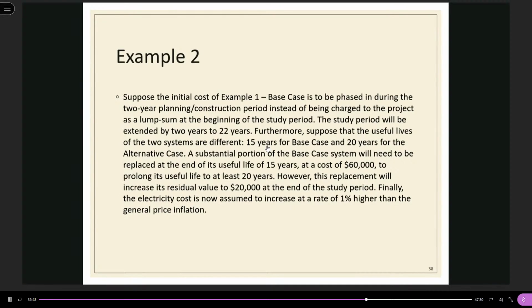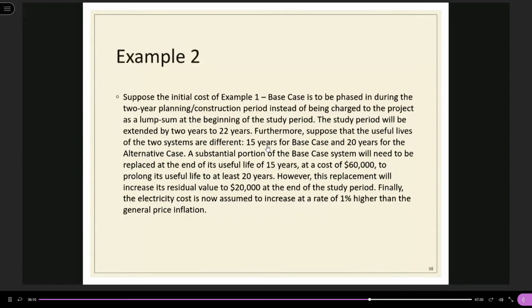Suppose the initial cost of example 1 base case is to be phased in during the 2-year planning and construction period instead of being charged to the project as a lump sum at the beginning of the study period. Okay, the study period will be extended for 2 years.